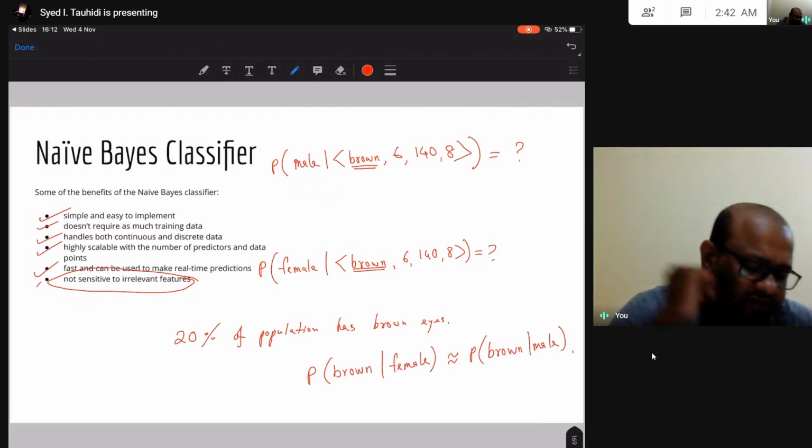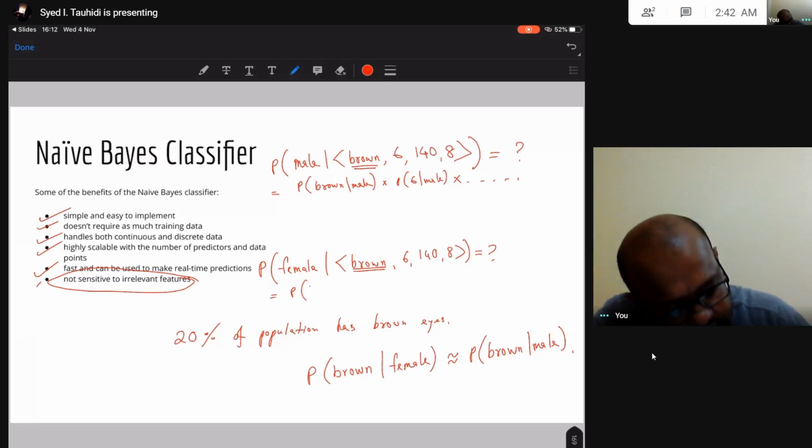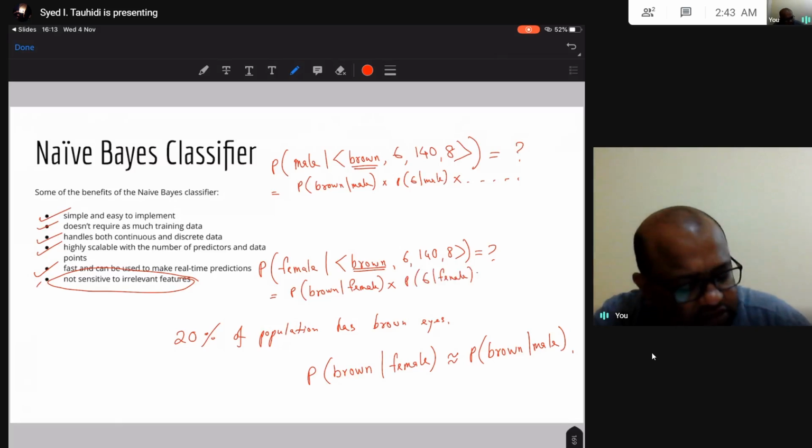Okay. Now, if this data is irrelevant, then what is going to happen? Here, this equation is going to become probability of brown given male into probability of 6 given male into lots of other things. Similarly, this is going to become probability of brown given female into probability of 6 given female into lots of other things.